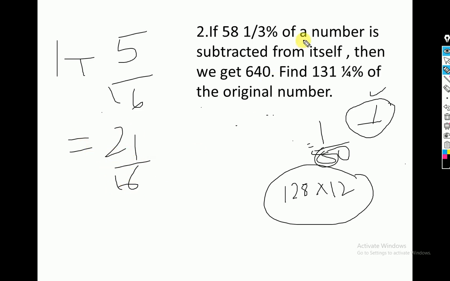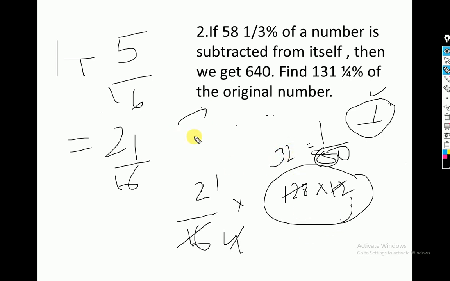Now it asks us to find 131 1/4% of the original number. So we just have to multiply this with our original number. Okay, so let's cancel it by 4, 4, and here 3, and then here 32.